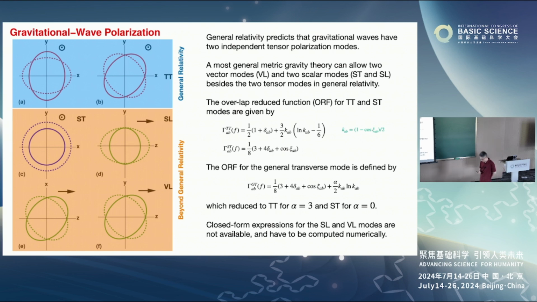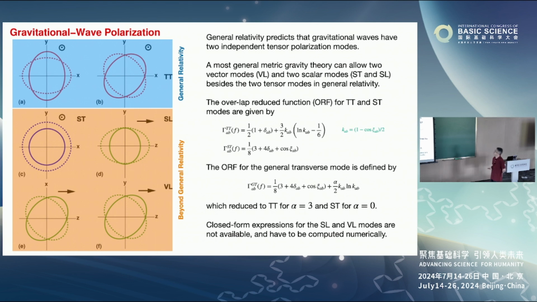So another important thing for us is to check the polarization modes. As we said, general relativity predicts that gravitational waves have two independent tensor polarization modes. Once we observe the other polarization modes, we can say that general relativity must be modified.